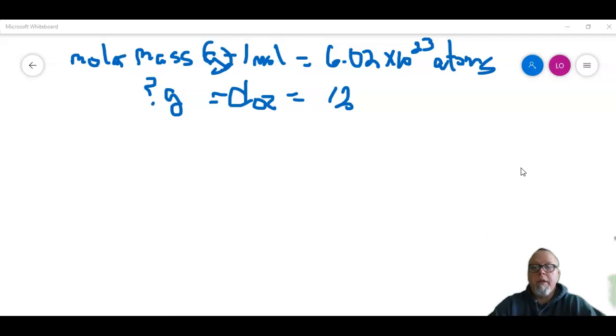So the last time we did this, we talked about the dozen. We talked about how 1 dozen is equal to 12, and then we calculated the mass of 12 grapes. We also did a mass of 12 bananas, and we were able to convert between grams to number of to dozen to mass.